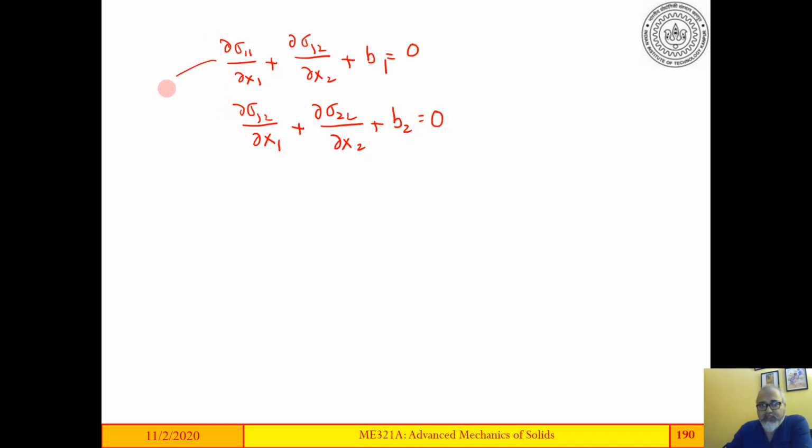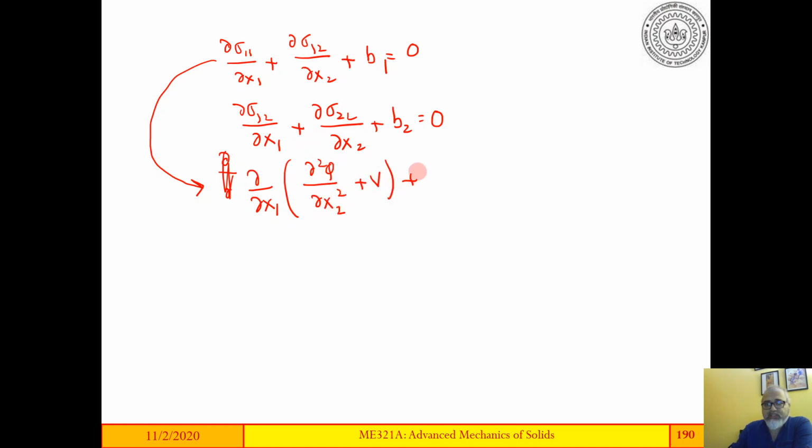Now if you take the first one, replace the stresses with the expressions in terms of the Airy stress function: del x1 of del square phi del x2 square plus V, plus del x2 of minus del square phi del x1 del x2, plus b1 is equal to 0.